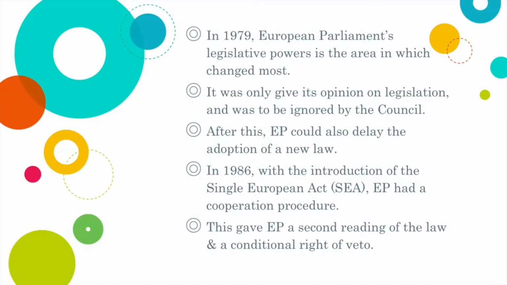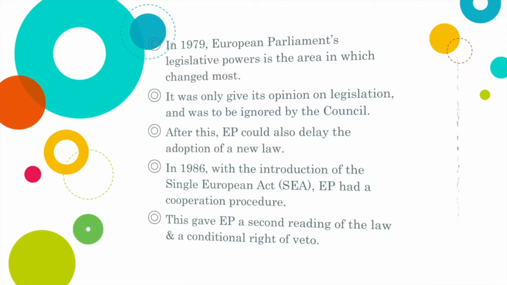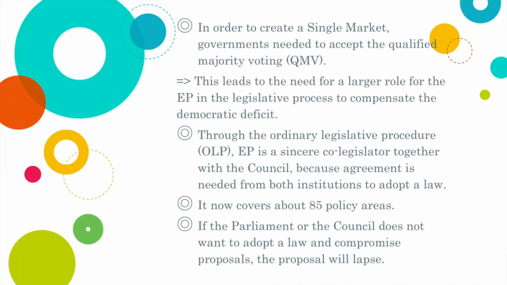And if the Commission supported Parliament's improvements, the Council could adopt it through qualified majority voting, but only rejected by unanimity. So through these cooperations, there was a closer bond between Parliament and the Commission. Furthermore, in order to create a single market, governments needed to accept qualified majority voting.